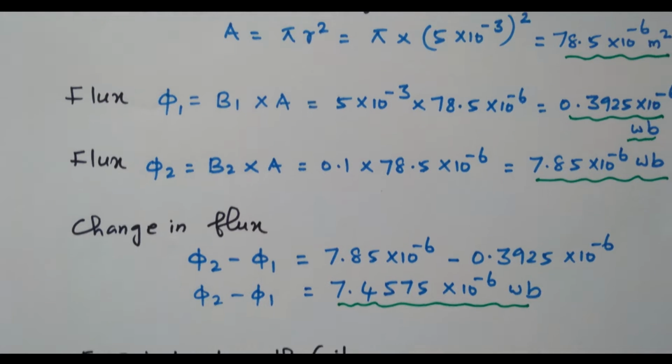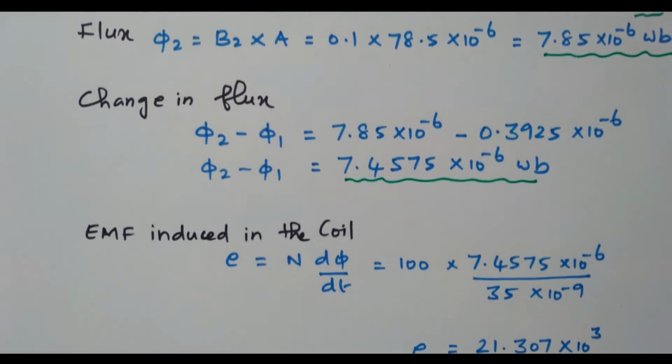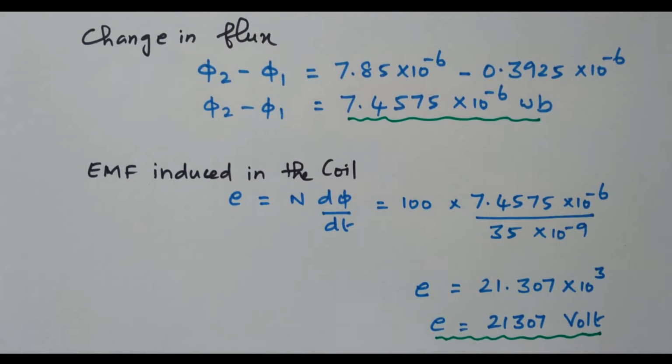So by using that we can find the EMF induced in the coil. EMF induced in the coil equal to N into d phi by dt, number of turns into rate of change of flux. So the number of turns is 100 into the change in flux, phi 2 minus phi 1, 7.4575 into 10 to the power minus 6, divided by the time, given as 35 nanoseconds, so 35 into 10 to the power minus 9.